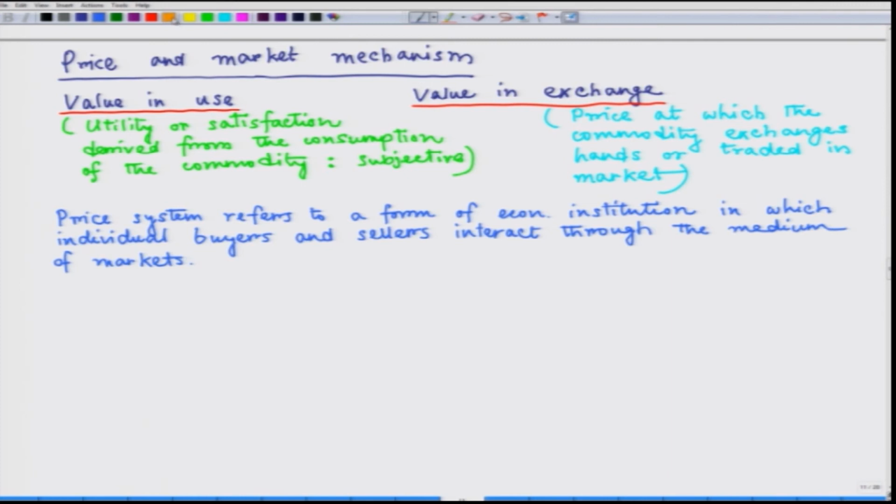Now, we will have another definition, and that is for market mechanism.